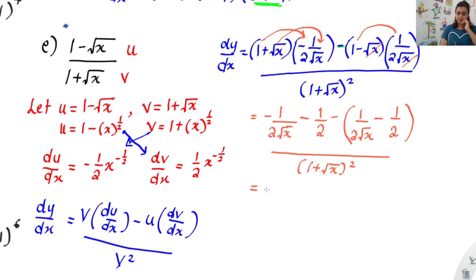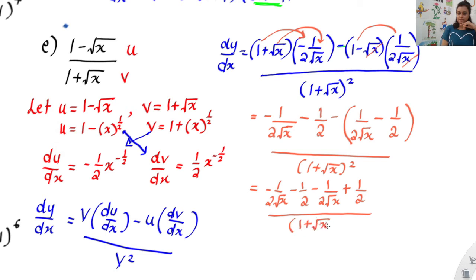When you open up, you get negative 1 over 2 square root x. Here, minus 1 over 2, minus 1 over 2 square root x, minus minus becomes plus 1 over 2, divided by 1 plus square root x power 2. Anything here that we can cancel? Yes, negative 1 over 2 plus 1 over 2, you get 0.